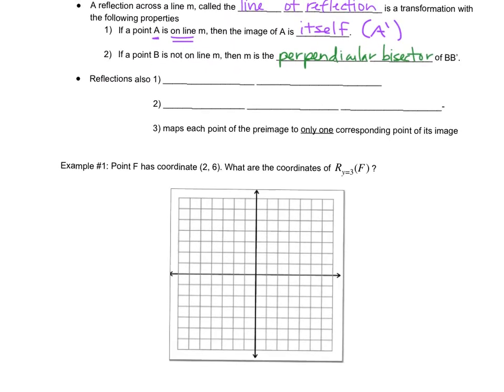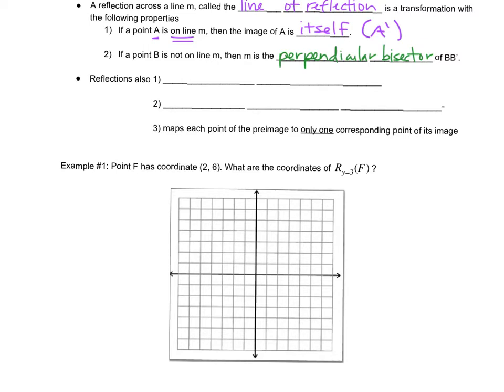Last thing, these three things are also true of reflections. Just like we said yesterday, do you remember that two-word phrase that we used? A rigid motion, right? What is a rigid motion? It's like a slide. A slide is a rigid motion. A reflection is a rigid motion. You're moving the figure, but it's the exact same figure.